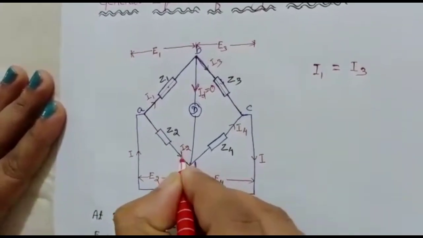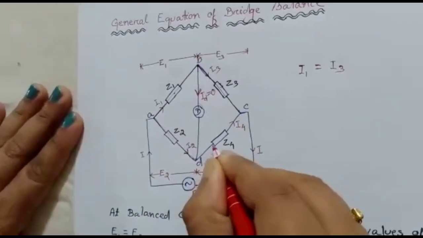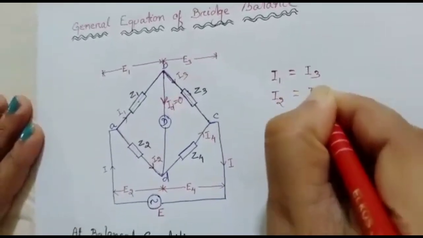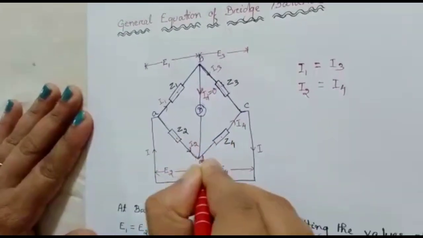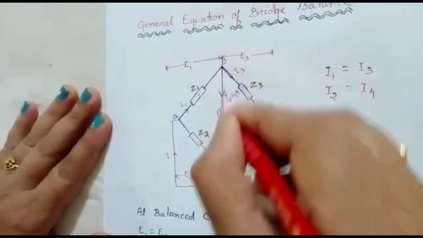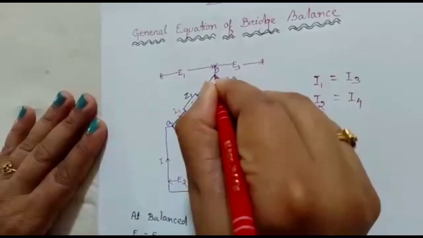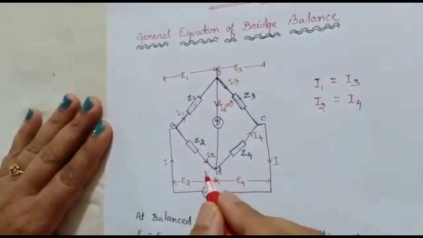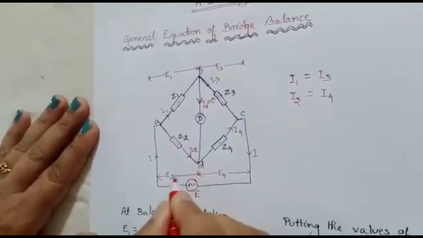Similarly, the current I2 will flow from point A through Z2 and also through Z4, so I can write I2 must be equal to I4. That means Z2 and Z4 are also in series. Then if the potentials of B and D are the same, the potential of A to B must be equal to the potential of A to D. The potential of A to B is the voltage E1, and A to D is E2.